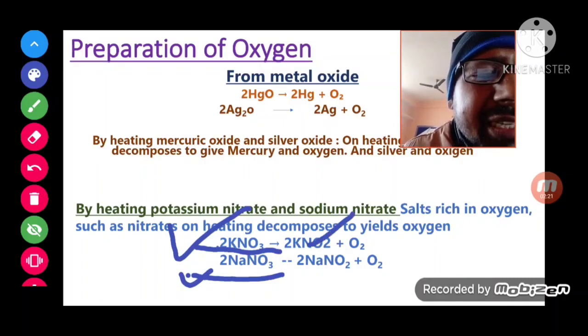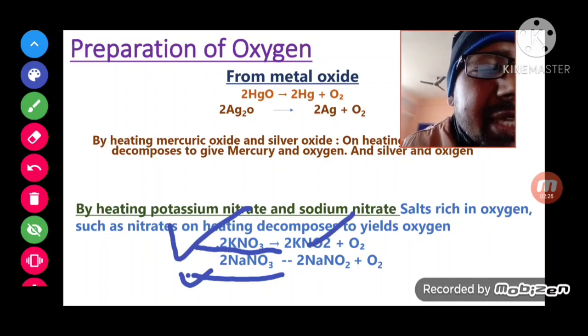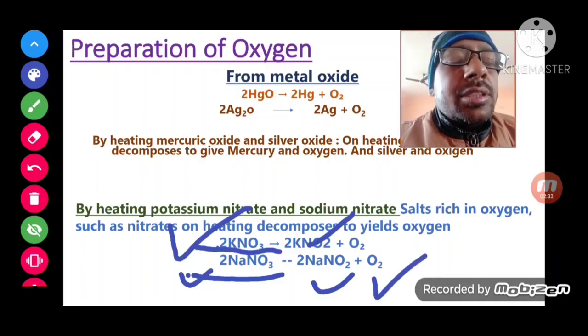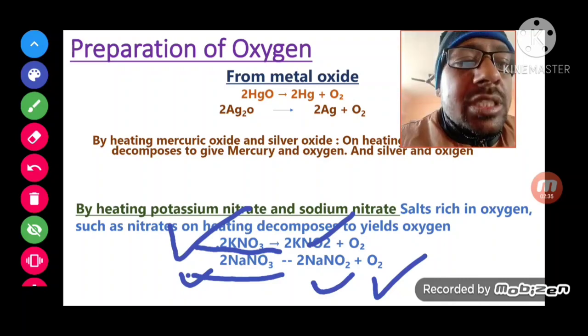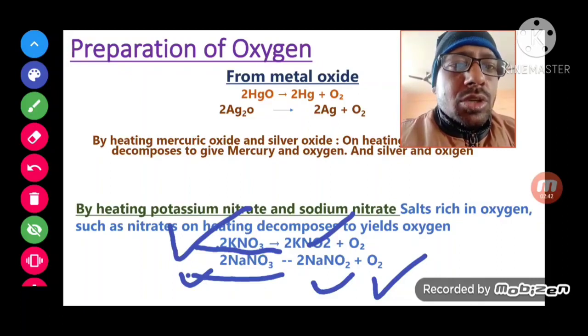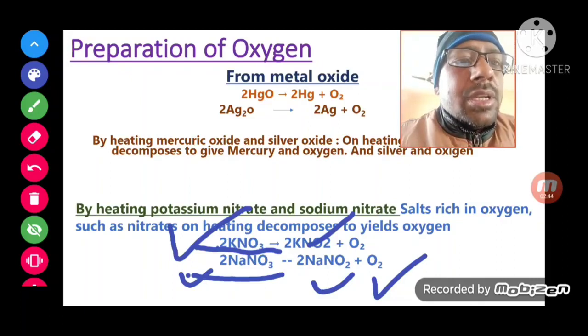Here you can see that difference is that in the case of nitrate NO3 is there, in the case of nitrite NO2 is there. And what will you get? You will get oxygen. So by this method you can get oxygen from potassium nitrate and sodium nitrate simply on heating. So this is the second method.